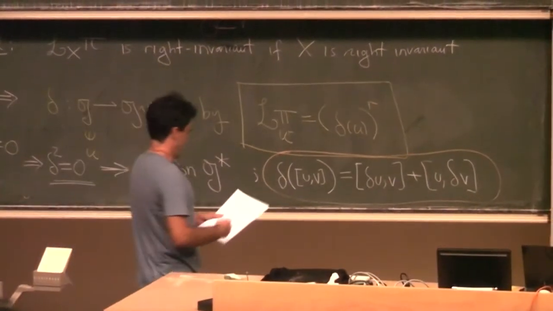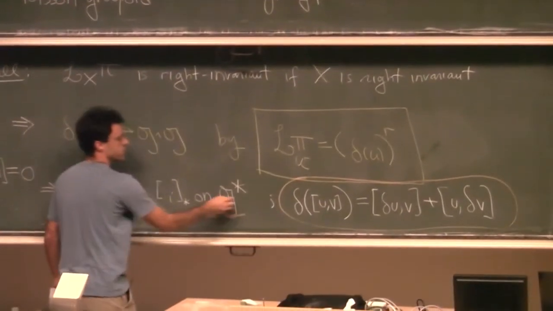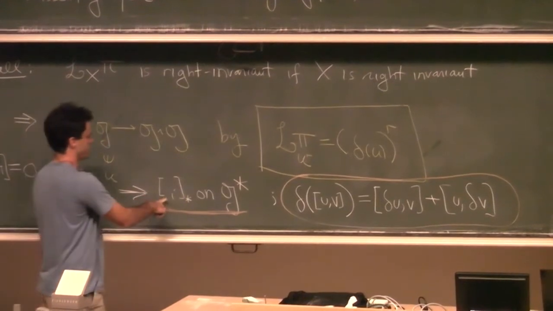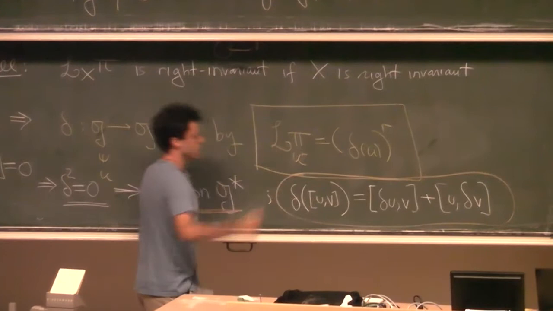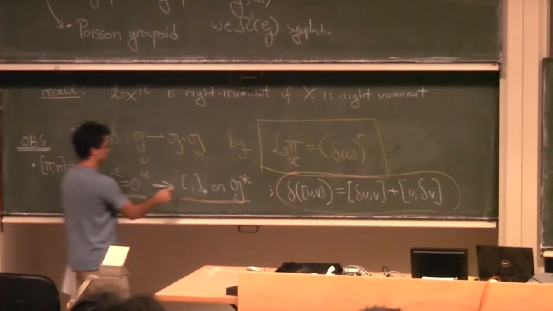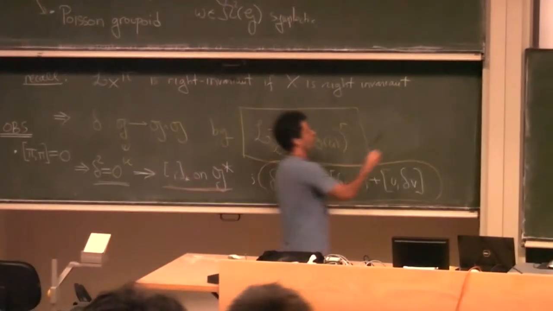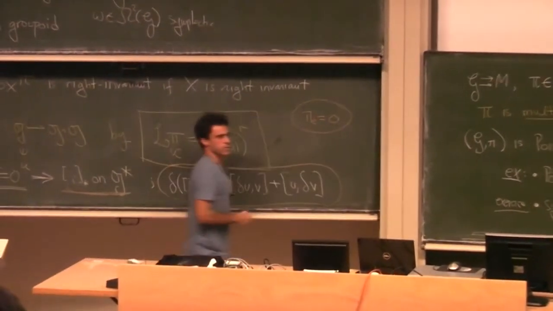And so anyway, you get this Lie bracket on G star satisfying a certain property. I mean, its Chevalley-Eilenberg operator preserves the bracket on the dual. That's the point. Remember that I also told you that over the identity, this Poisson structure had to be 0.